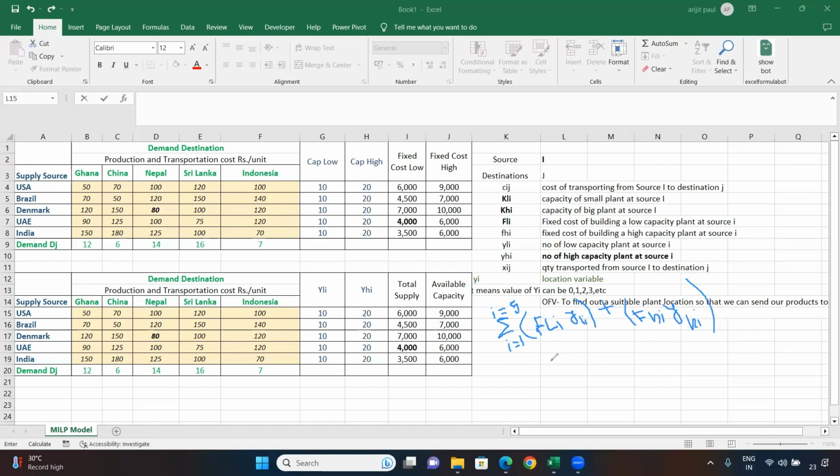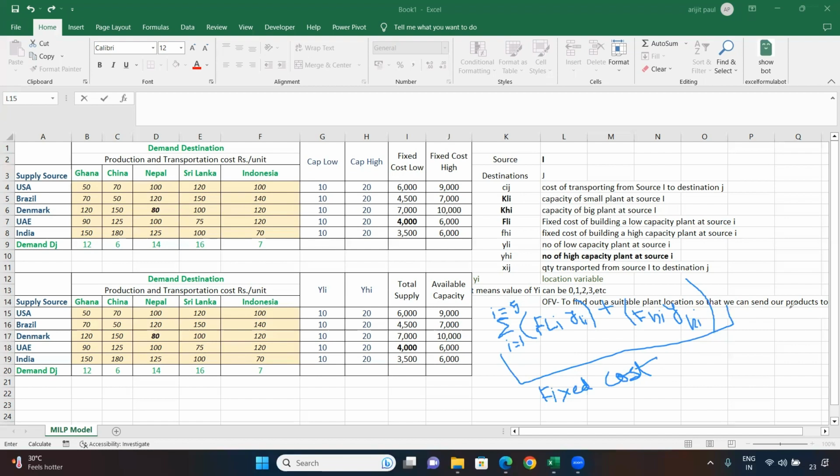Okay. So this part will cover the fixed cost to set up a plant.